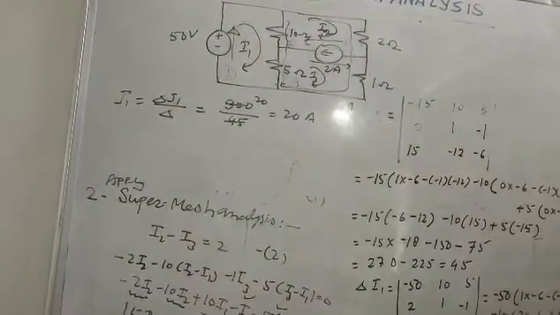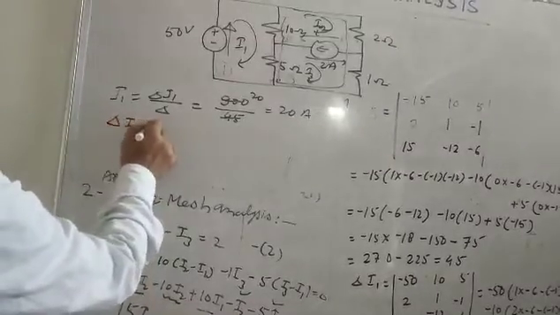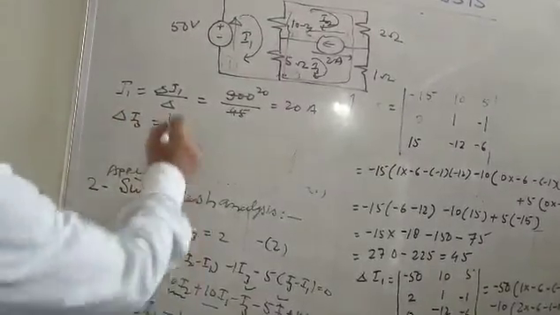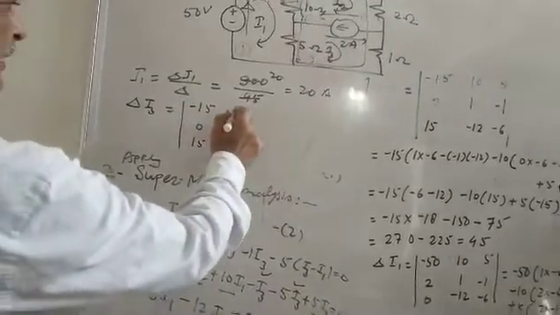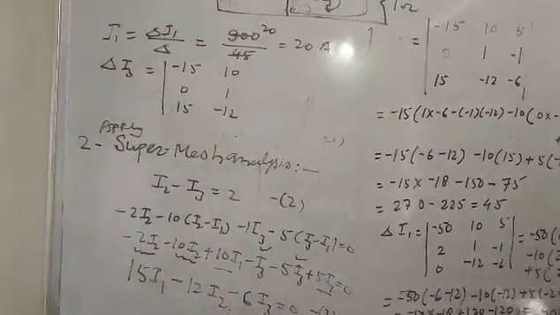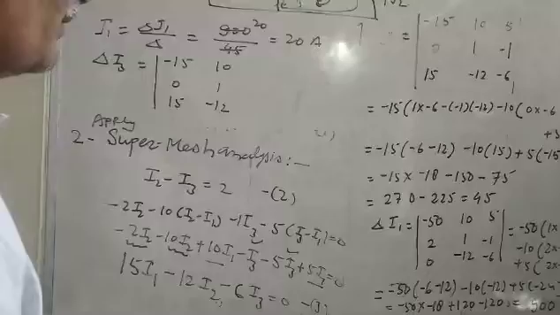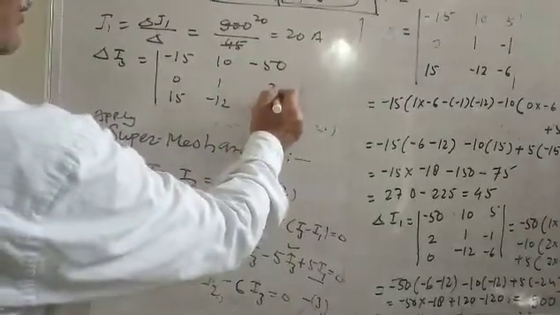Now find the value of delta I3. First column of delta as it is, minus 15, 0, 15. Second column as it is, 10, 1, minus 12. Third column replaced by the right hand side value. Right hand side value is minus 50, 2 and 0.